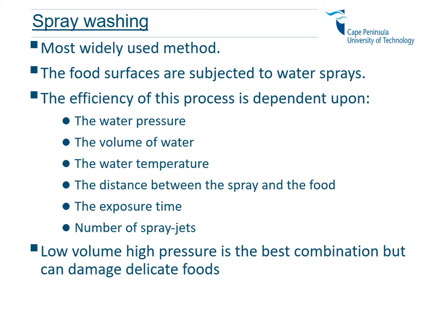So the water pressure, the volume of the water, the temperature, the distance between the spray and the food, and also the number of spray jets, right? What is mostly preferred under these spray washing techniques is a low volume of water and high pressure. This is regarded as the best combination, but it can also damage delicate foods.